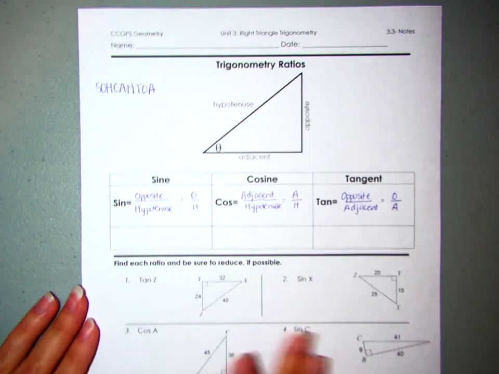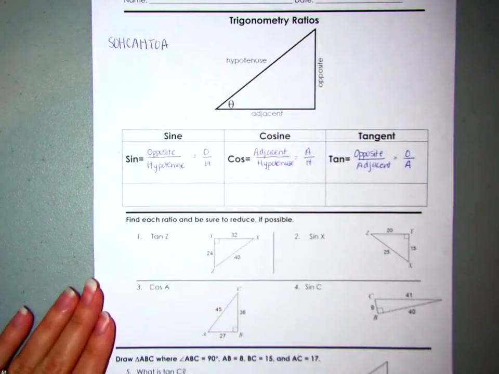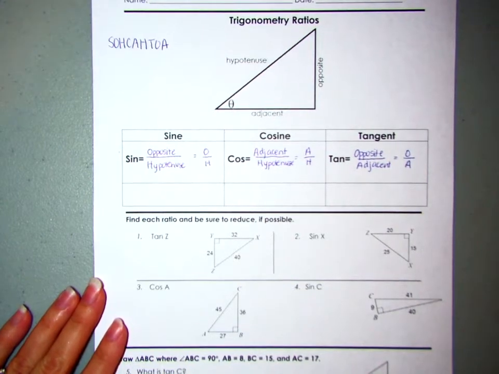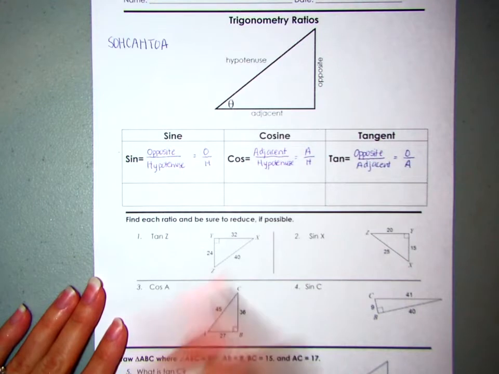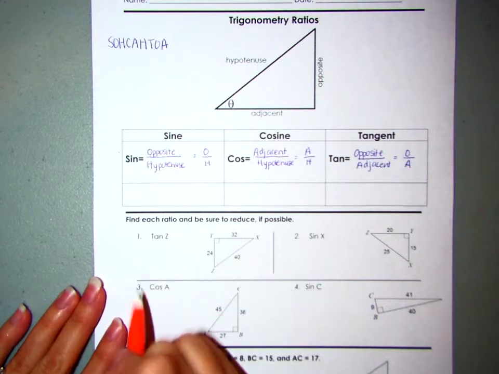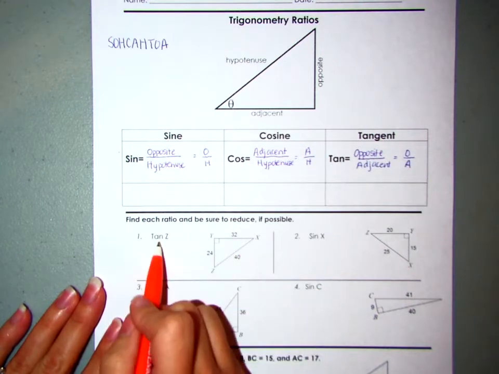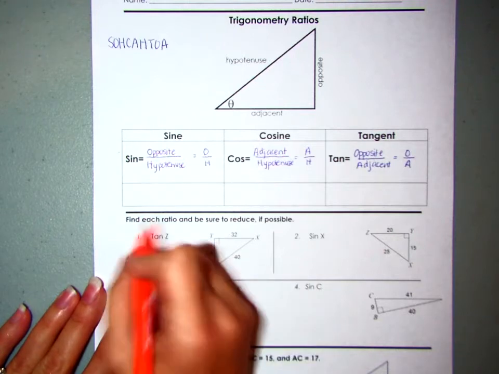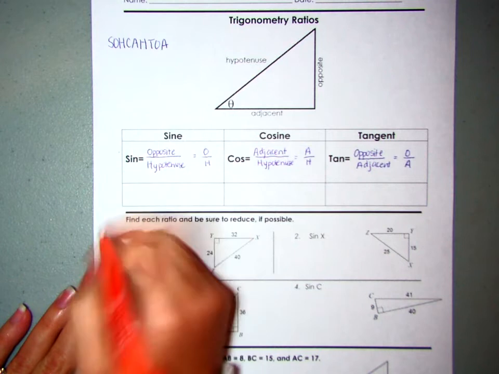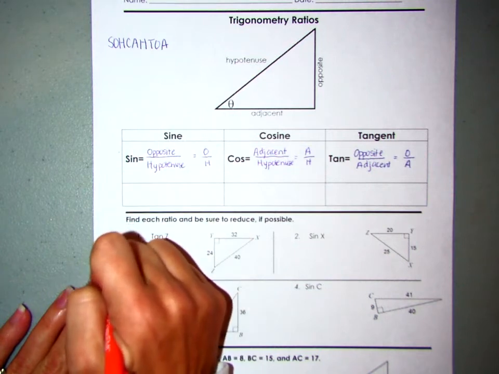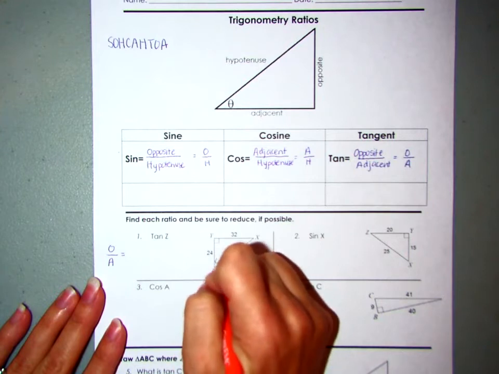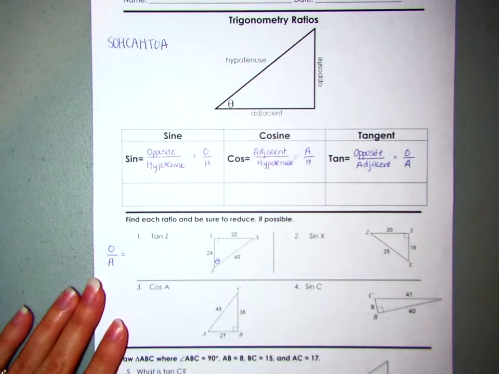So if you look at number 1, it says find each ratio, and then be sure to reduce if possible. And sometimes they ask you to write this as a decimal to the nearest hundredth. It says to find the tangent of Z. Tangent of Z, here's your Z, would require that you use opposite over adjacent. That would be where we could put the theta.